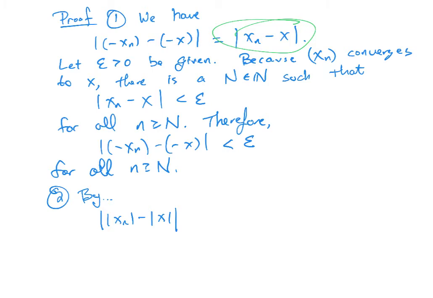The triangle inequality. Yes, so we're going to do the triangle inequality. And what does the triangle inequality tell us? Less than or equal to the absolute value of xn plus the absolute value of x.